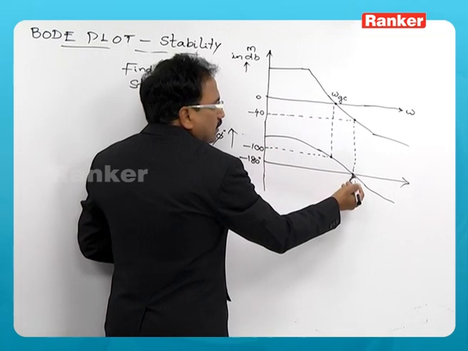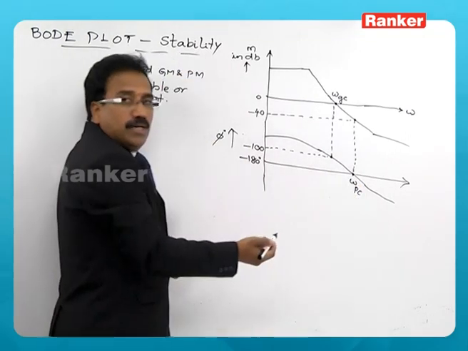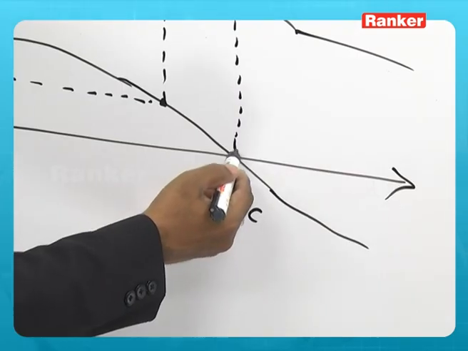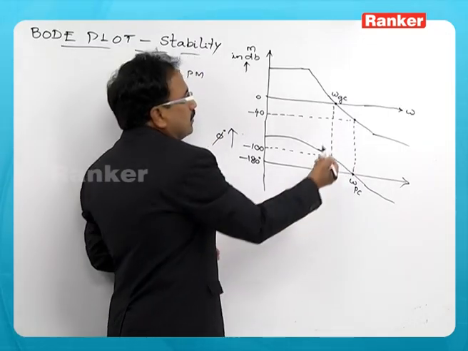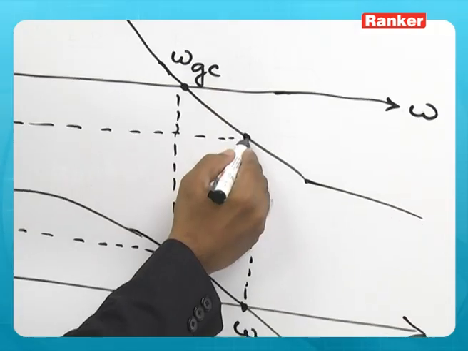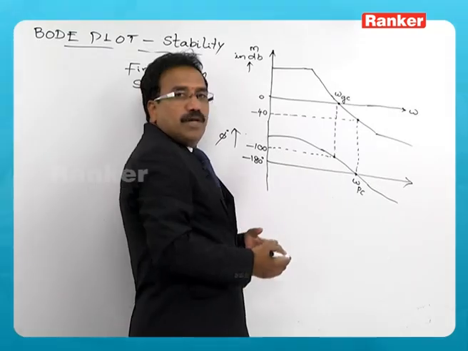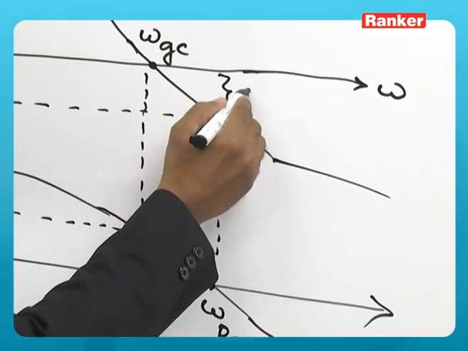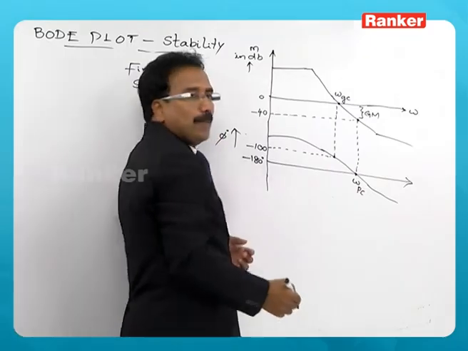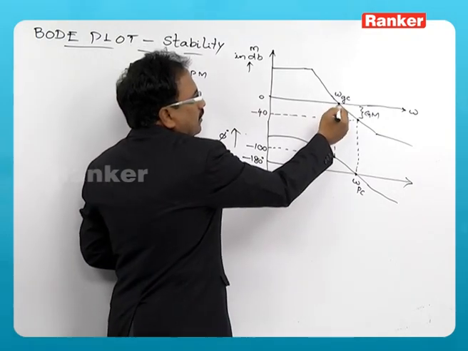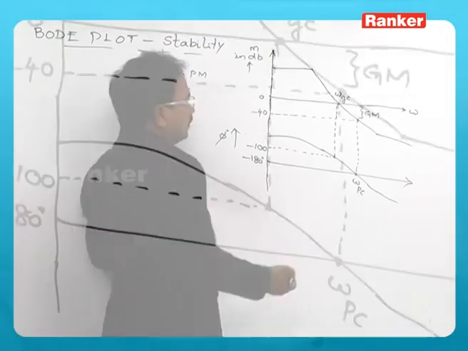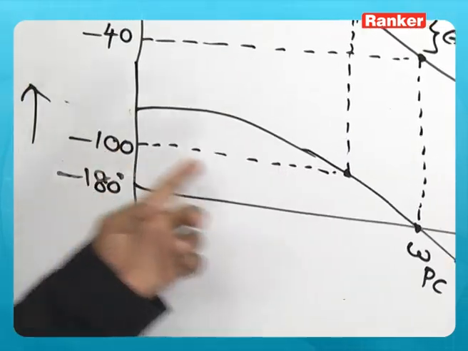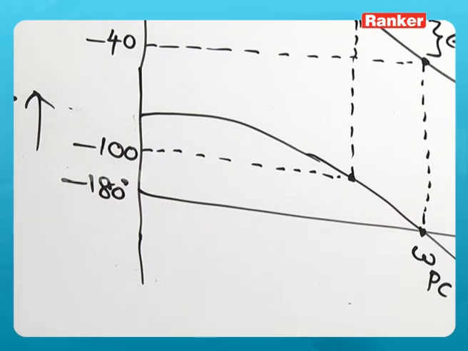So, to determine the gain margin, from omega pc, project a vertical onto the magnitude plot and see what is the magnitude at this point. This is actually considered as gain margin. And from the gain crossover point you are projecting it onto the phase plot, and the phase is minus 100 at omega gc.